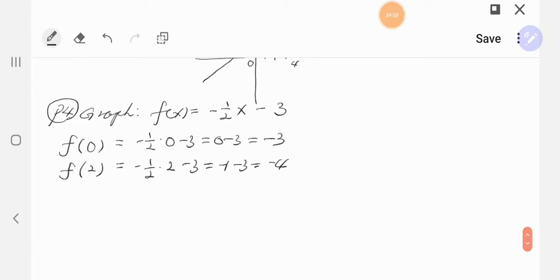Let me write it here. When x equals 0, y is negative 3. For the second one, when the input is 2, then y is negative 4. So we have 2 points. So based on these 2 points, graph it.